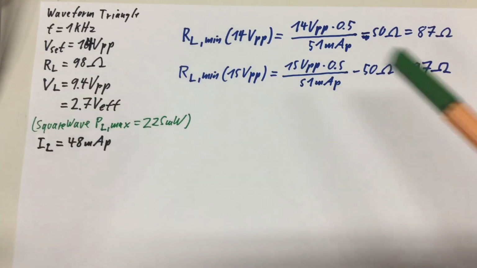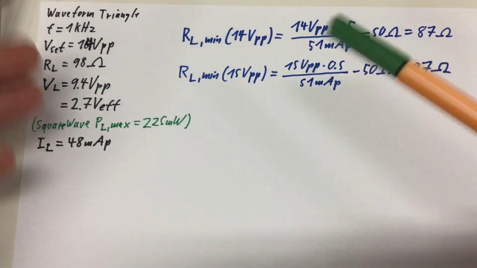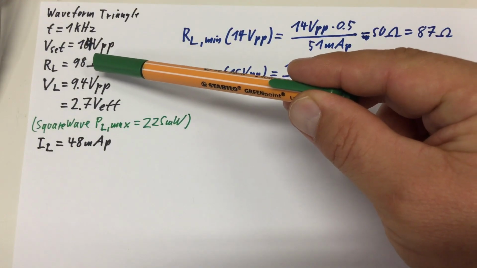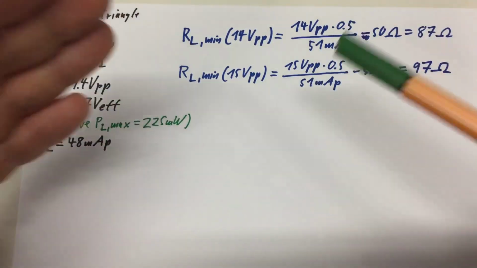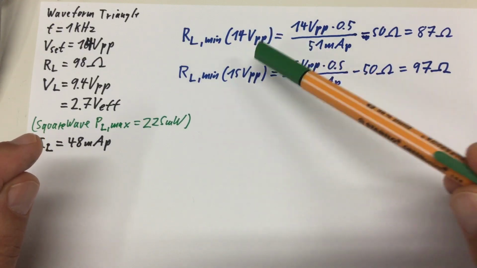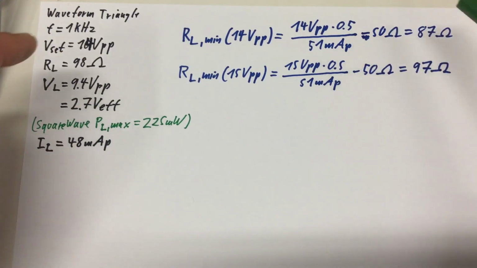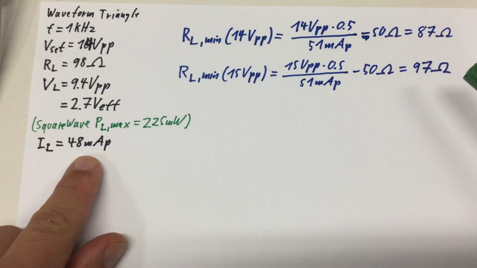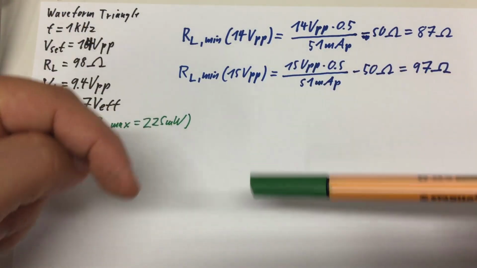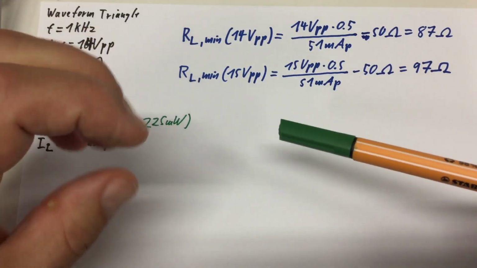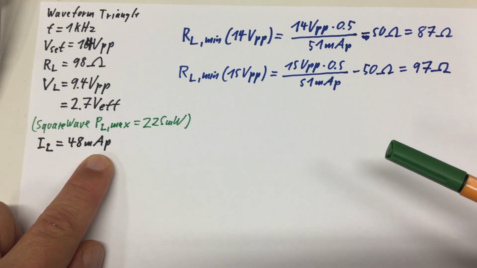And for 15 volts, it would have been 97 ohms. So with an external resistor of 98 ohms, we would expect to see a nice waveform at 15 volts peak to peak, which we did not, because obviously at these higher output voltages, the output stage starts to crush the signal at 48 milliamps peak.